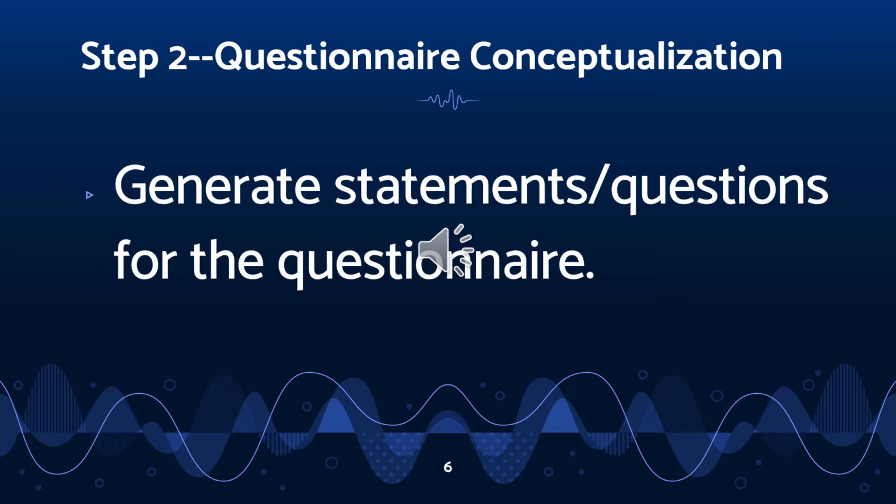Let us proceed to step 2, which is the questionnaire conceptualization. It generates the statements or questions for the questionnaire. After developing a thorough understanding of the research, the next step is to generate statements or questions for the questionnaire. In this step, content from literature or theoretical framework is transformed into statements or questions.